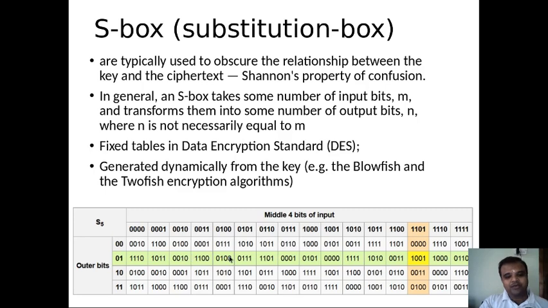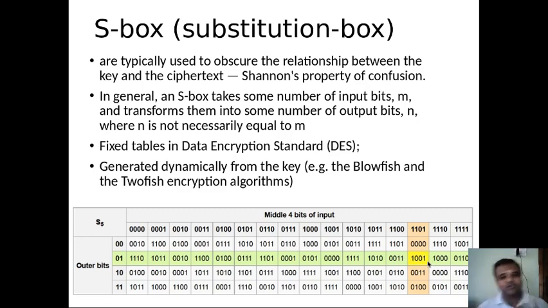From this example, what was the bit that had to be substituted? Exactly, it was 0 1 1 0 1 1. So the outer bits 0 and 1 got selected as the row, and the middle bits 1 1 0 1 got selected as the column. So 0 1 1 0 1 1 gets replaced by 4 bits of data, 1 0 0 1.